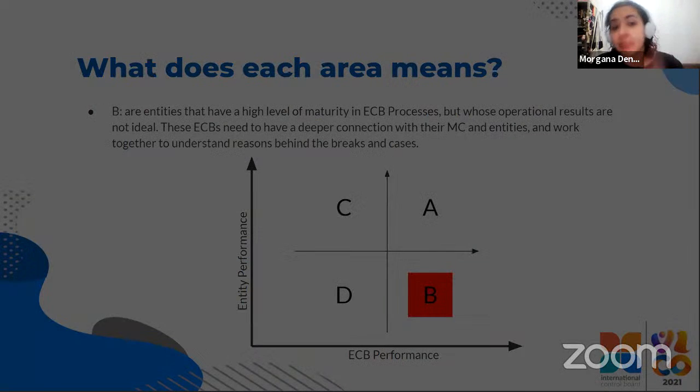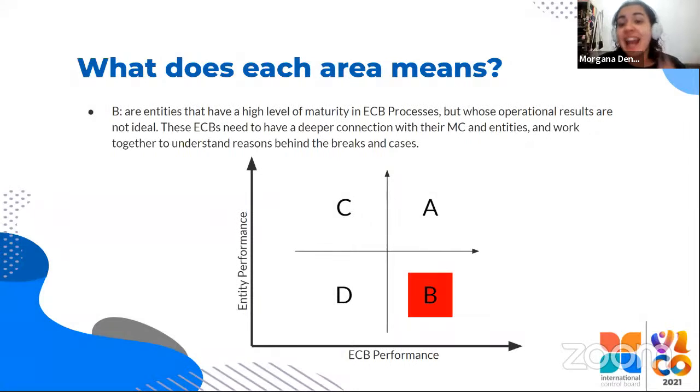When we talk about area B, these are generally entities that have a high level of maturity in ECB processes, but whose operational results are not ideal. I can give an example: I am DVD coach of Cluster 1, but I'm also the ECB chair of Denmark. And right now, Denmark is in this B area. Why? Because even though we have all of the ECB processes working, especially also during COVID, we have a very low number of realizations, and we also had struggles delivering some of the exchanges because of that.